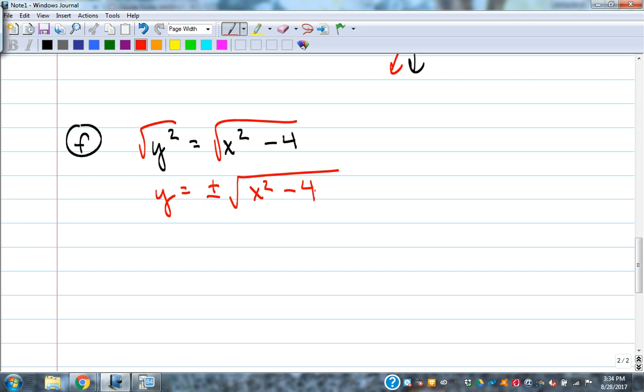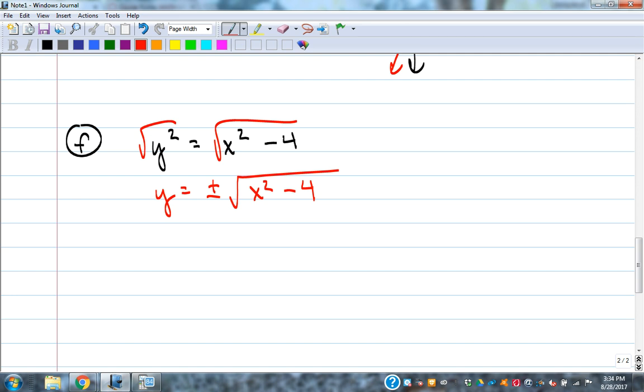But if I plug in a 2 for x, positive 2 squared is 4. 4 minus 4 is 0, right? Well, that only gives us one value because there's not a positive or negative 0. So that's okay. But what if x were 4? If I plug 4 in there, 4 squared is 16, minus 4 is 12, but I have the positive and the negative square root of 12.